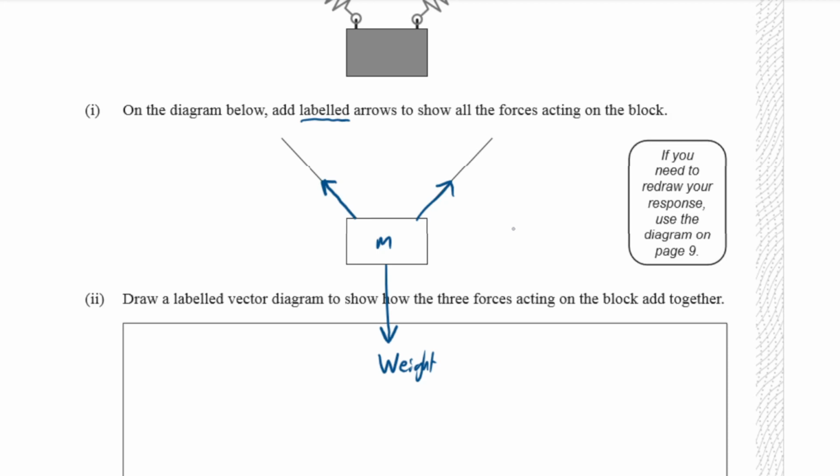But more generally, we would describe this as a tension force, as the spring is like under tension due to the block. However, we could simply label that F1 and F2, right? Or even capital T for tension 1, capital T for tension 2. So either of those conventions is fine.